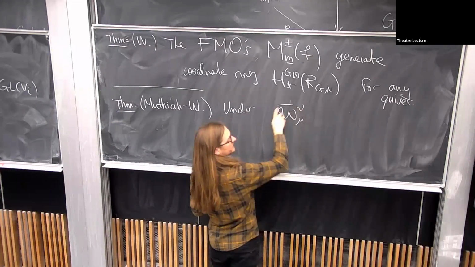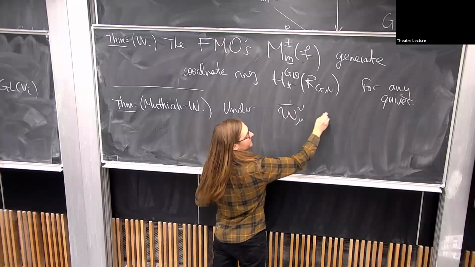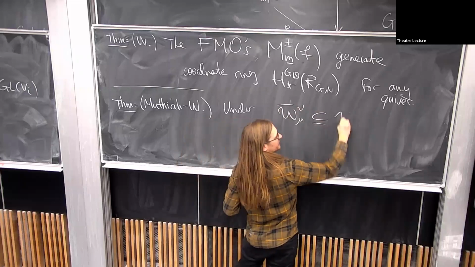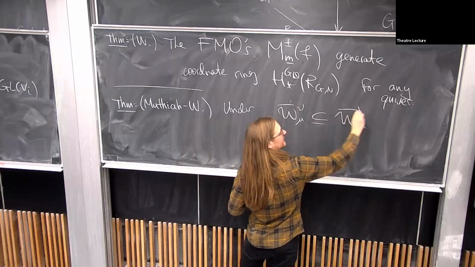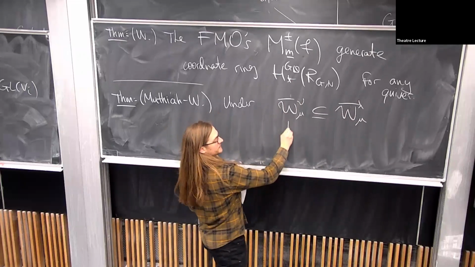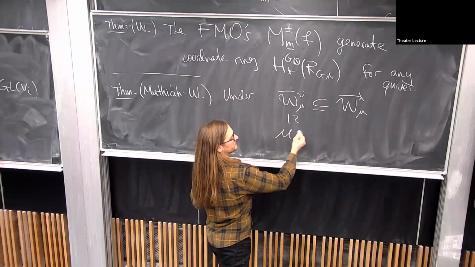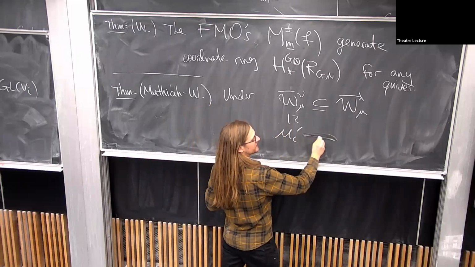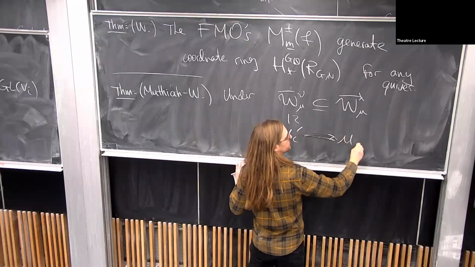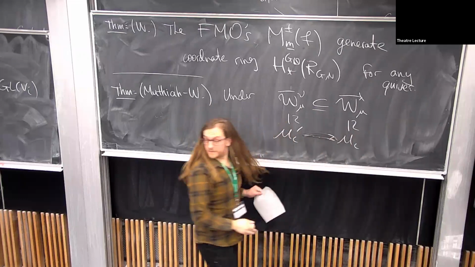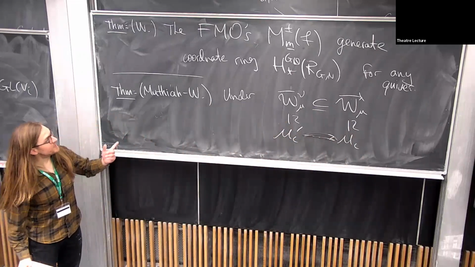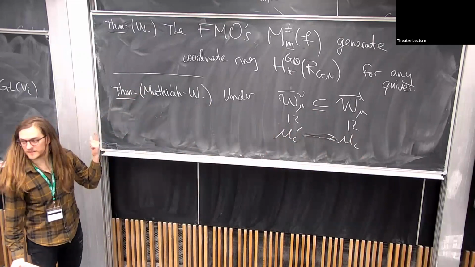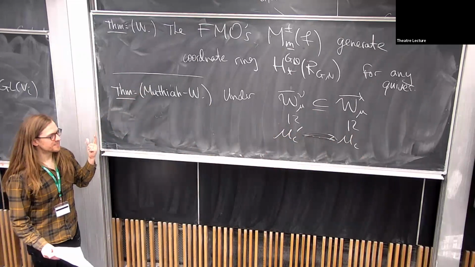You have an affine Grassmannian slice, and you have a larger affine Grassmannian slice. This one is a Coulomb branch, prime. And here, we know that there's some sort of map between them. The point is that these fundamental monopole operators restrict very simply.